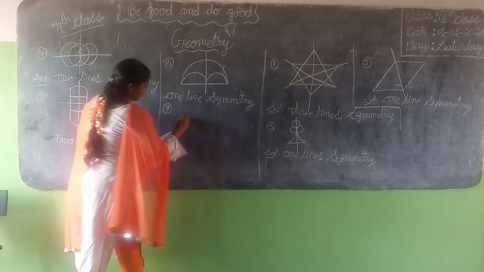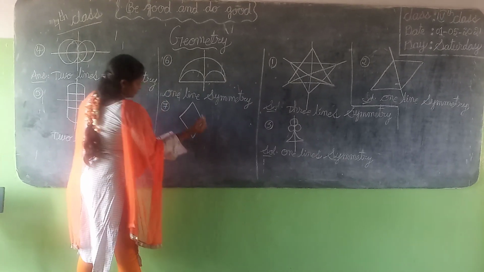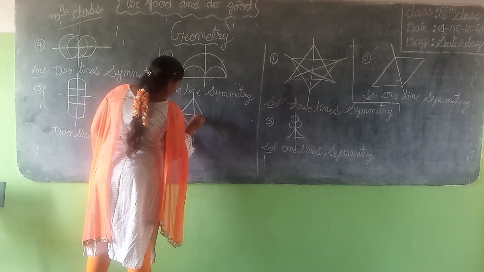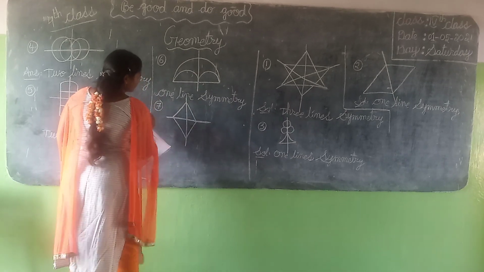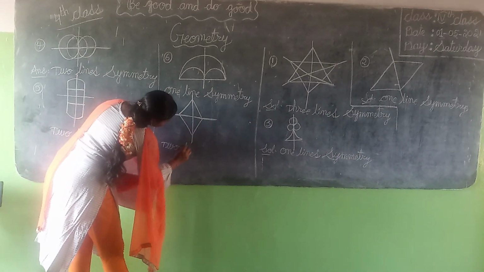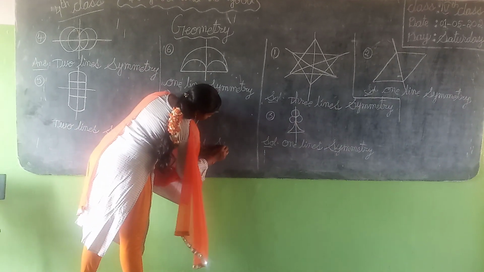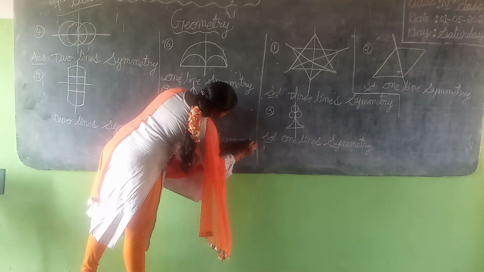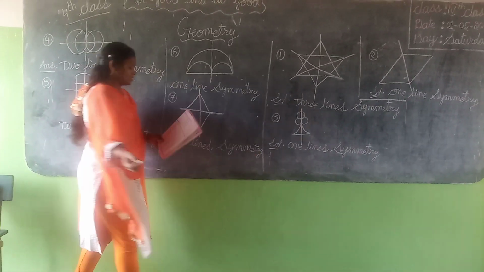Next, seventh one. So, how many lines of symmetry? Two lines of symmetry in this figure. So, how many lines? Two. Okay, Nama. This is the seventh one's answer.